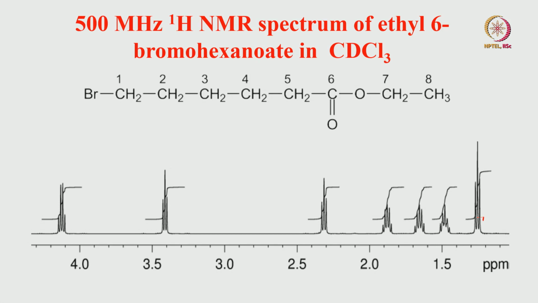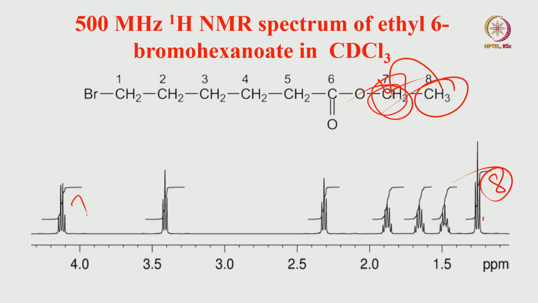Now, what is the first one you can think of? Always look for the high field. High field is CH3. This CH3 can couple to this CH2 and become a triplet. So this is a triplet. This has to be proton 8. My first guess is right. Then this one will become what? It has to be a quartet. Where is a quartet you can think of in this case? All are of more multiplicity pattern except this one.